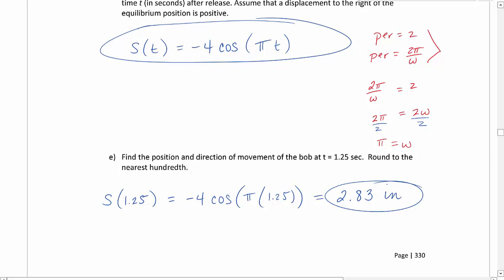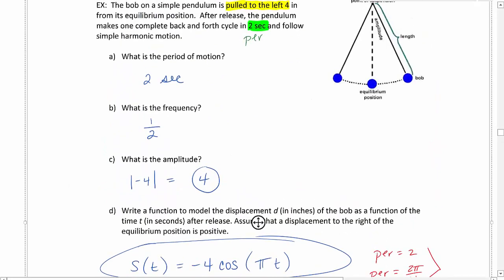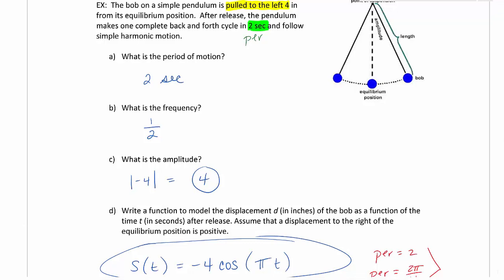But now we need to determine the direction of the movement. Is it swinging to the left or is it swinging to the right? So let's think about how we would figure that out. We know that the entire period is 2 seconds. So it takes 1 second to go halfway, and then another second to swing back the other way.